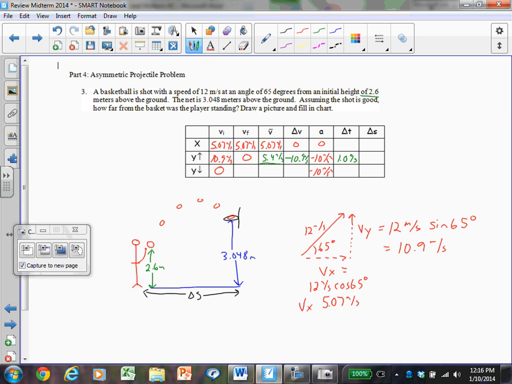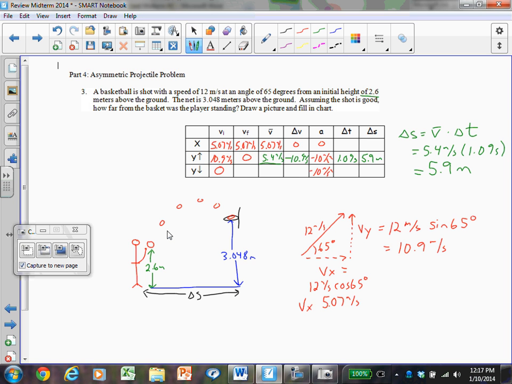Okay, so delta S is V bar delta T, or 5.4 meters per second times 1.09 seconds, or 5.9 meters. So we're going to go 5.9 meters up total.